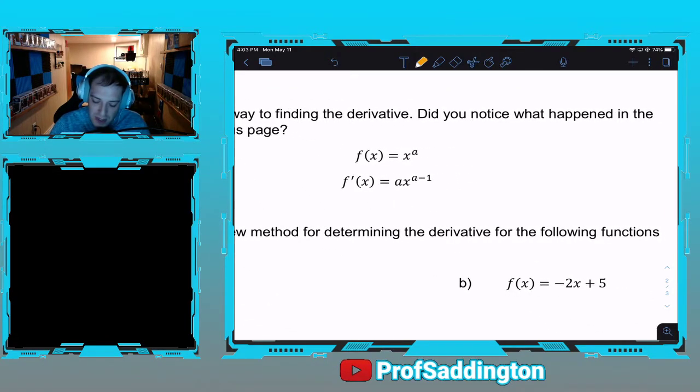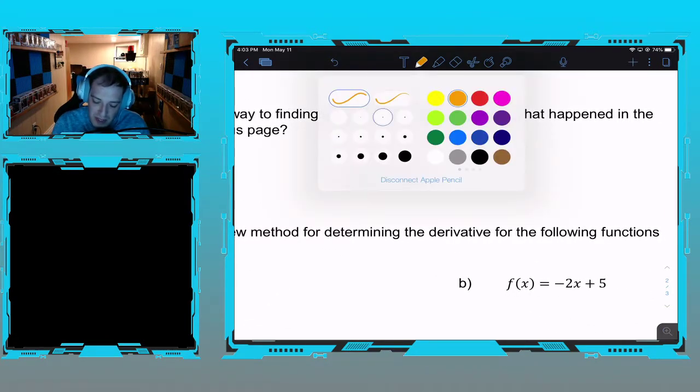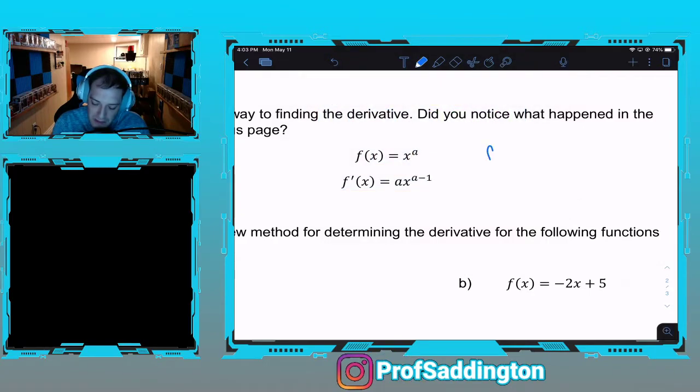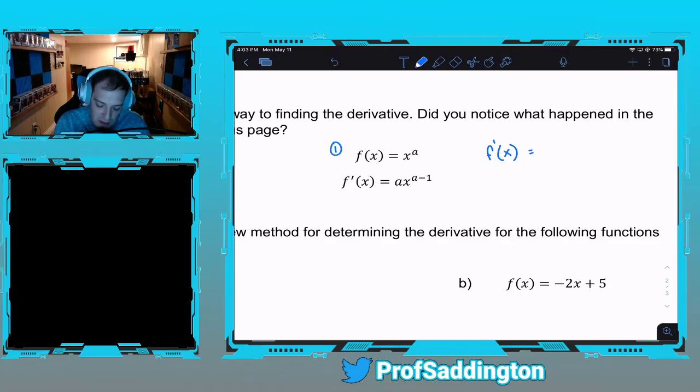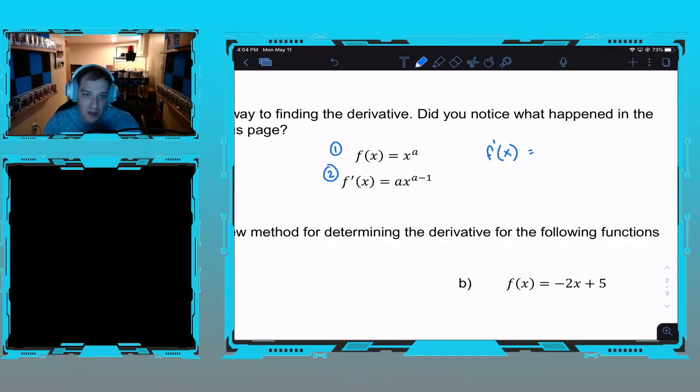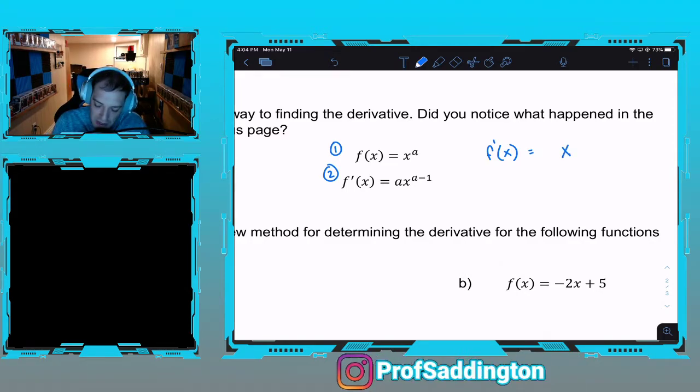Down here, I'm going to rewrite this f of x off to the side a little bit. When we are trying to find f prime of x, going from step 1 to step 2, from the beginning to the end, what we're doing is taking the a value. So we have x to the a.